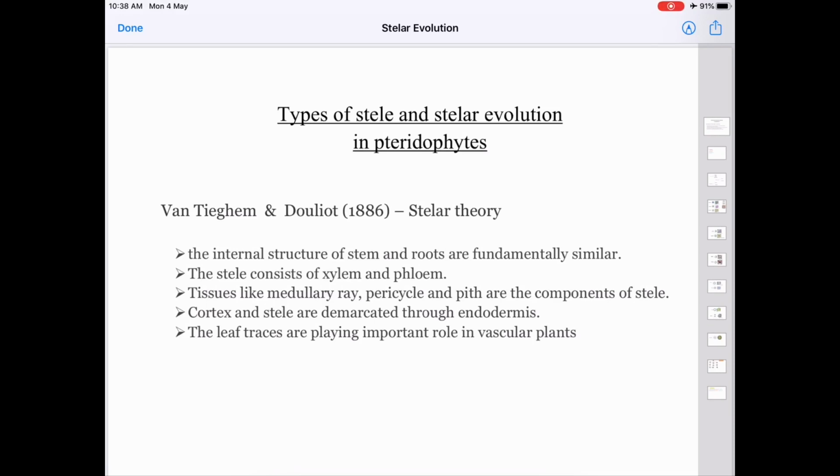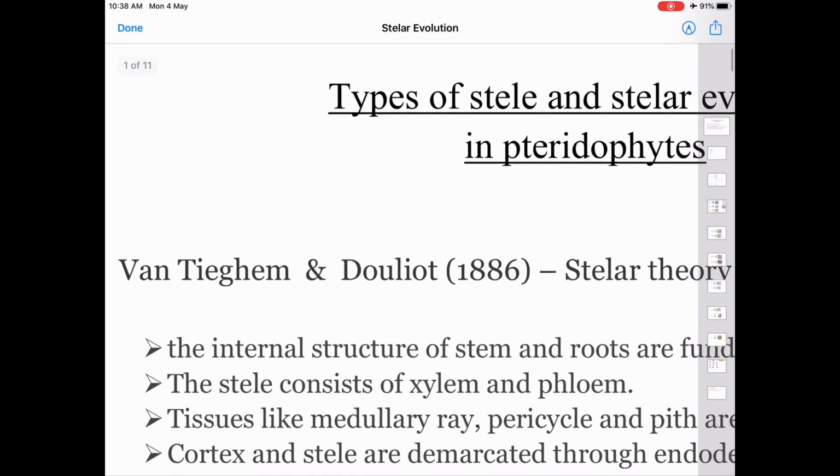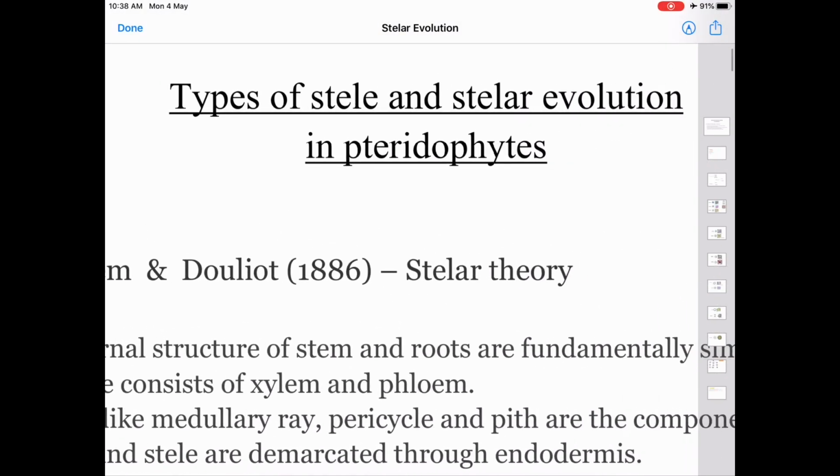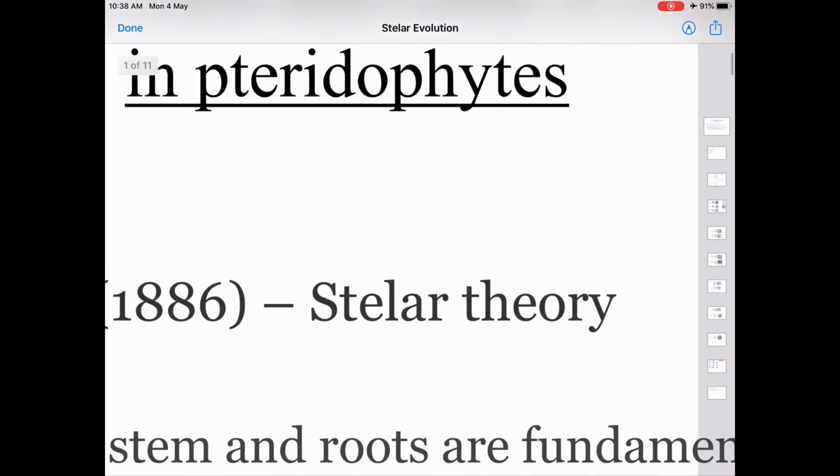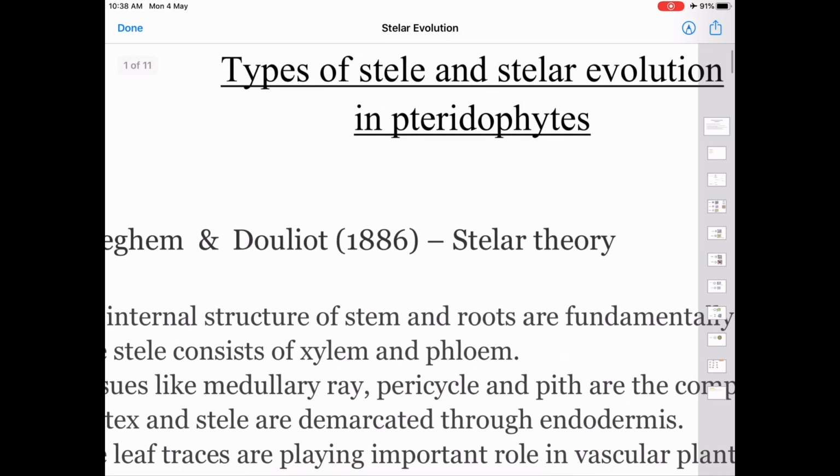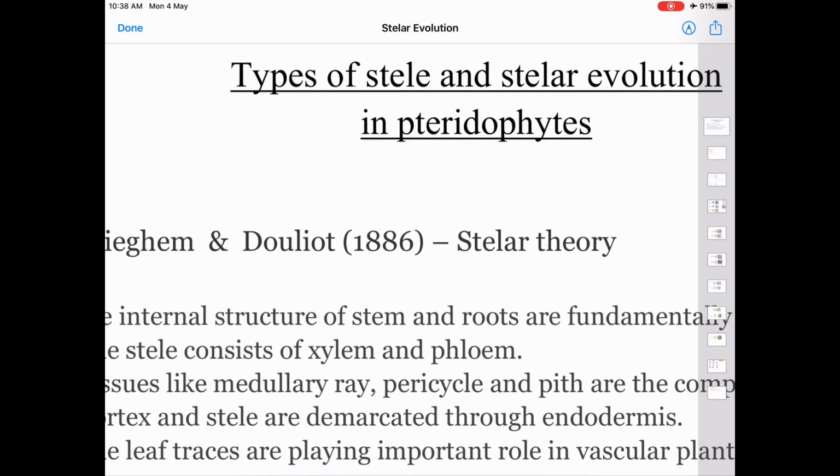The term stele was first used by Van Tieghem and Douliot in 1886 in their stelar theory. They used the term stele in a collective sense and mentioned that the stele is not only made up of xylem and phloem, but tissues like pericycle, vascular rays and pith are also associated with it.